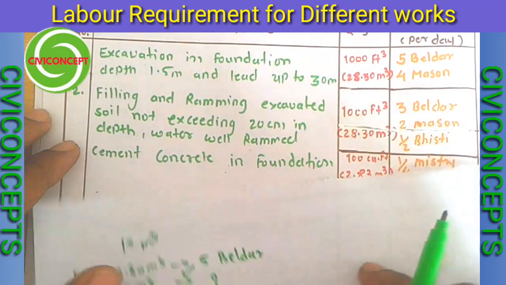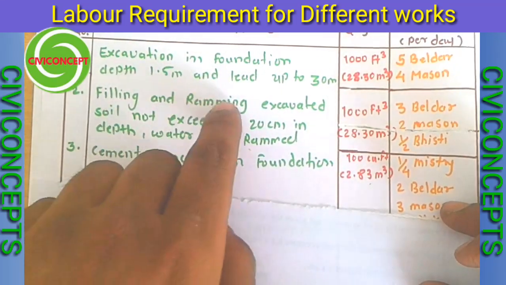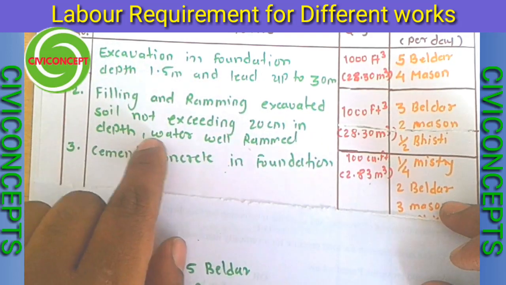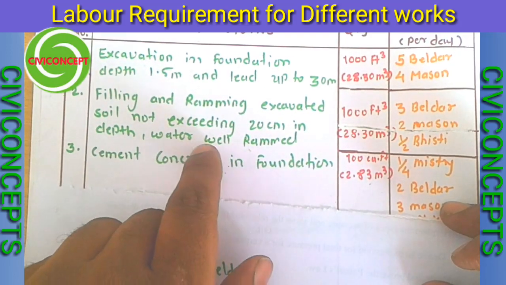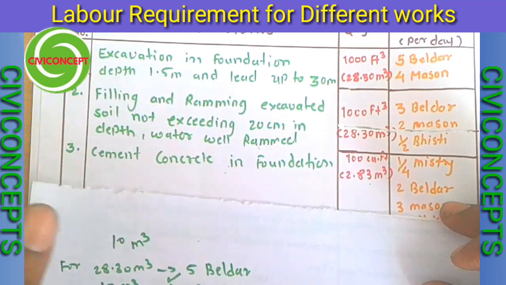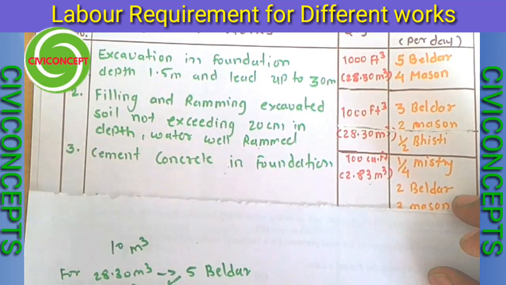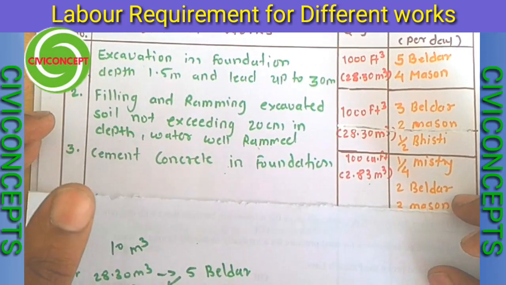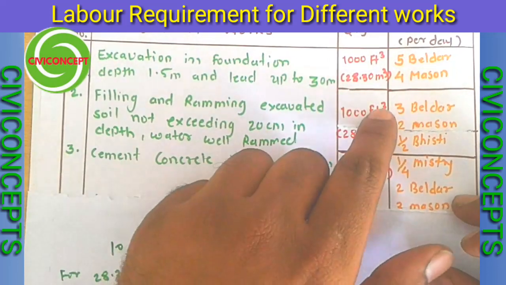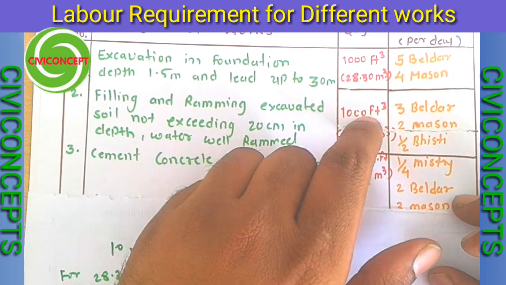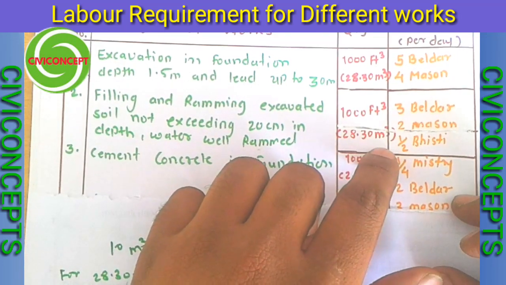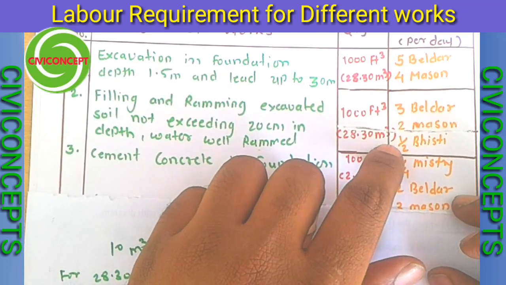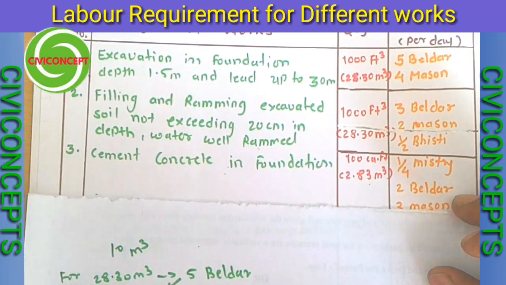Similarly, filling and ramming excavated soil not exceeding 20 centimeter depth, watered and well rammed. This is for filling the excavated soil in a plinth. For 100 feet cube or 28.30 meter cube, you require 3 beldar, 2 mason, and 1.2 bhisti.